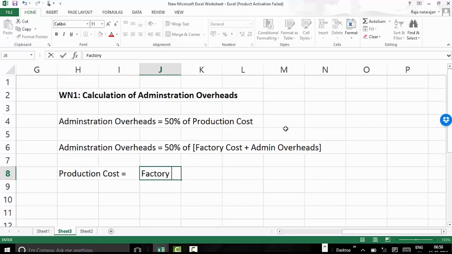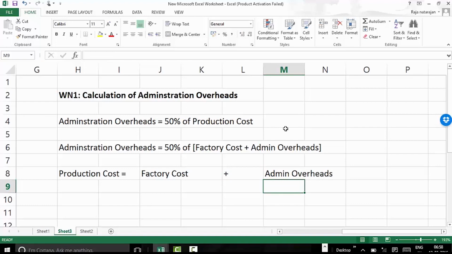One is factory cost, and the other one, let me have a plus sign here, is admin overheads. And the question says admin overheads is 50% of production cost. So if this is going to be 50% of production cost, then the remaining 50% should go to factory cost. Okay, so that would make up your production cost as 100%.